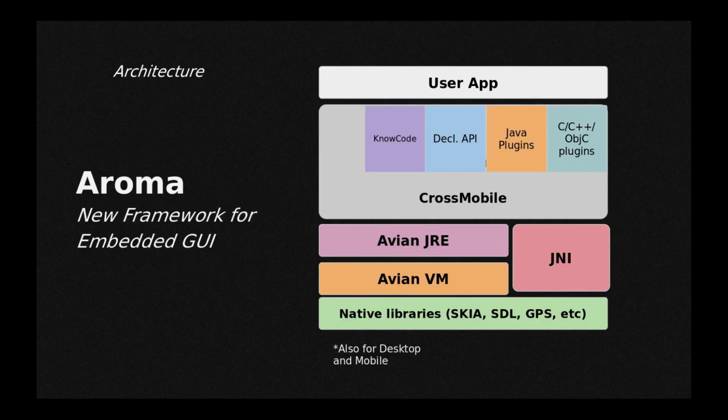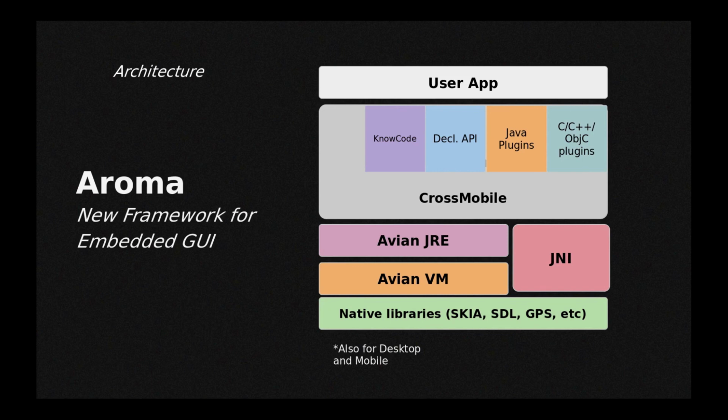So what do we have next? Our next project and planning for embedded devices: we have the ARMA project under development right now. It's designed for embedded GUI applications and modern embedded devices. We will also extend the support to desktop and mobile platforms, but the initial and main goal is embedded systems.